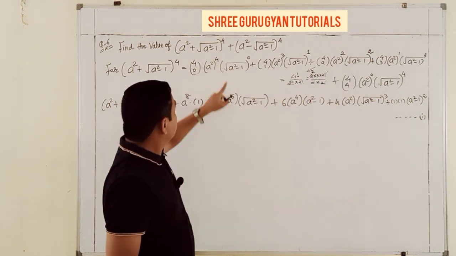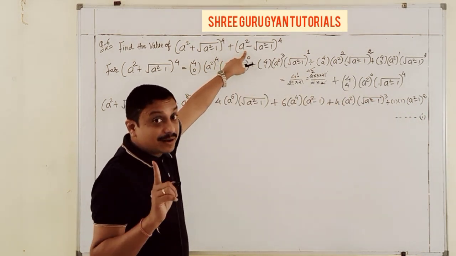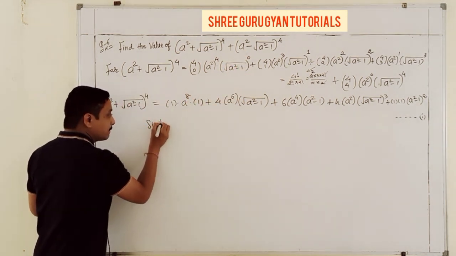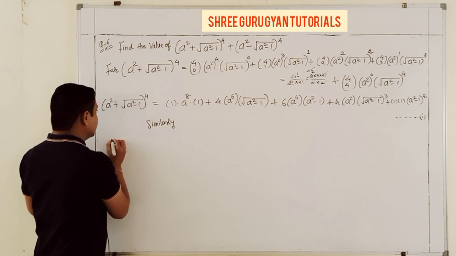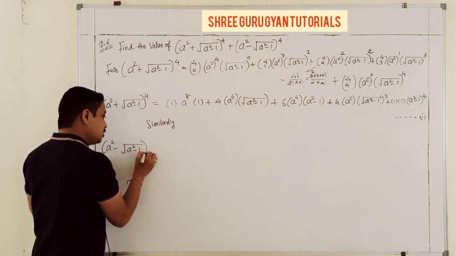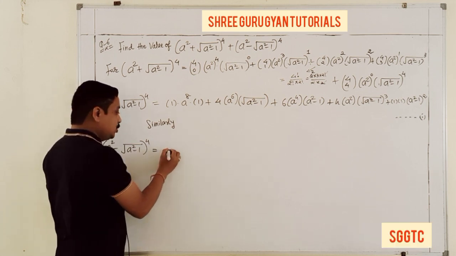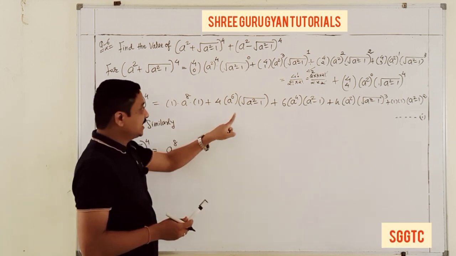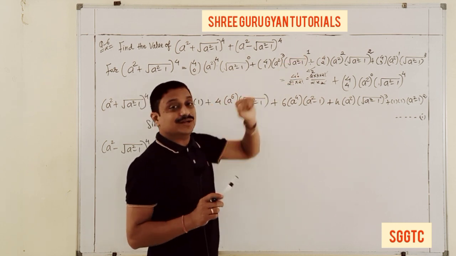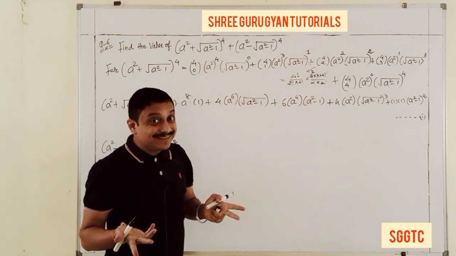Now that I start similar but between minus. So similarly, what is next? A square minus under root a square minus 4 power. You have to a raised to 8. Check here. Minus term raised to 1. It is negative.